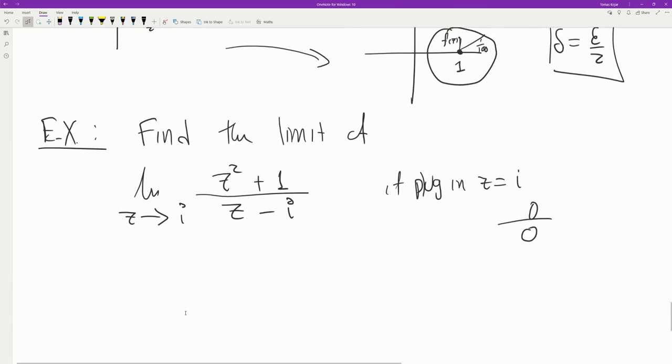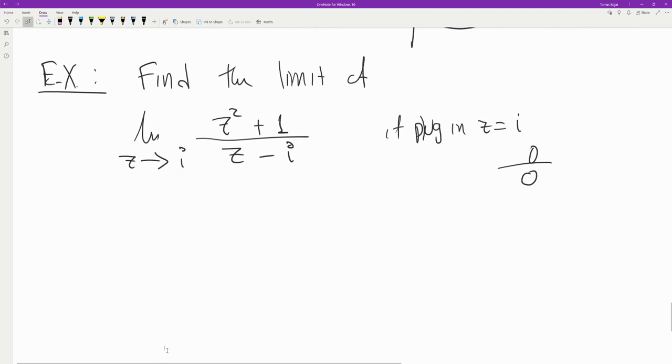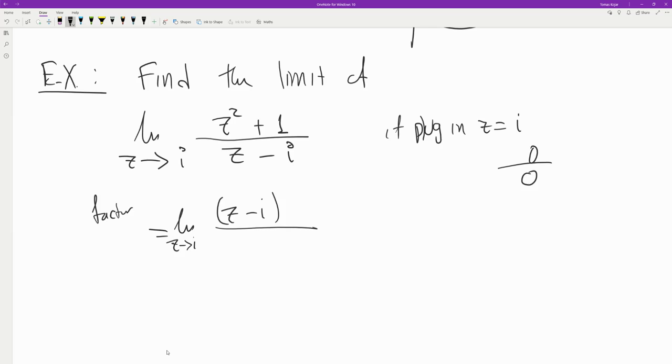And by the way, there is no L'Hopital. So please don't try to do L'Hopital rule. Okay. Right. So what you do is you simplify it. You factor. So we have z minus i, z plus i. They cancel out, and you just have 2i.